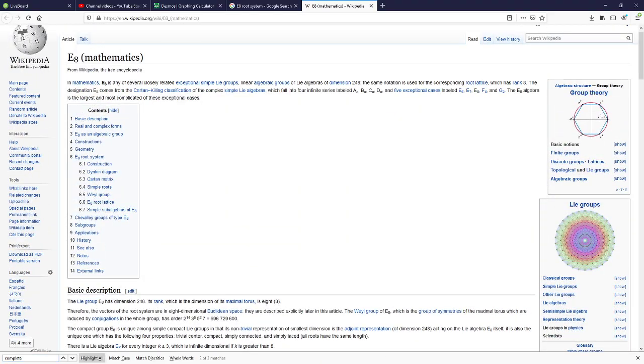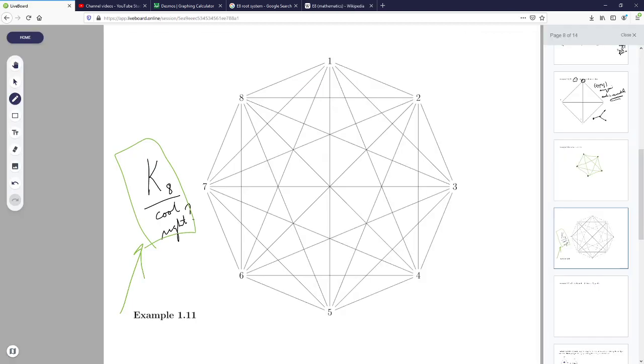I was hoping that this was the complete graph on some number of vertices, but it is actually not. A Lie group is a group with a differential structure. I shouldn't say any of those things. Yeah, I don't want to talk about Lie groups. I mean, I'd like to talk about Lie groups, but I don't want to talk about Lie groups.